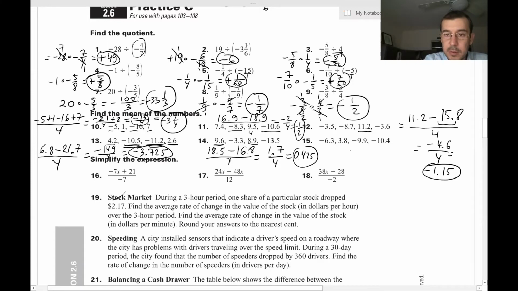And number 15, we have one positive number, so 3.8, and then we're going to add up the three negative numbers.